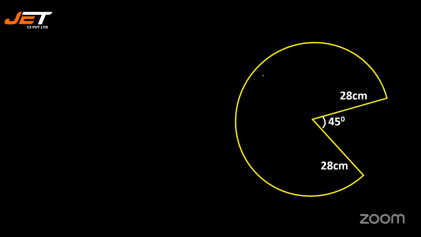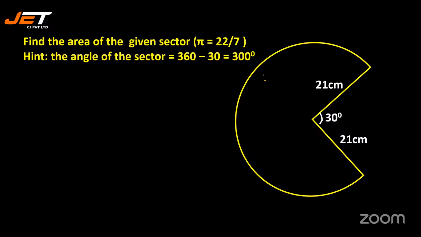So in that case, how much would be the area of the sector? 300 by 360 into 22 by 7 into 21 into 21. Yes, you can quickly give me the answer, students.